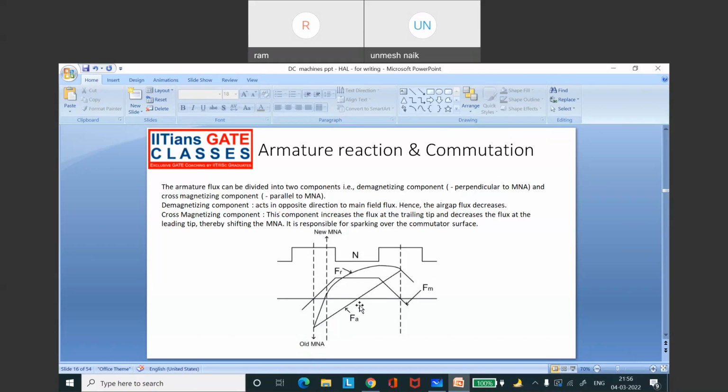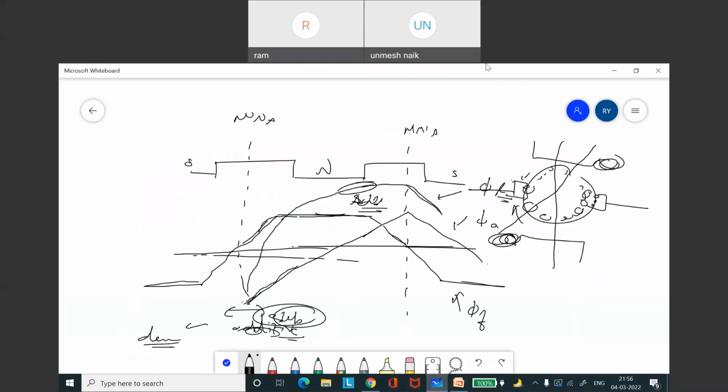You want the leading and trailing tips, right? See, these are the tips. Leading and trailing are based on the direction of the armature. The tip that the armature enters first is the leading tip.